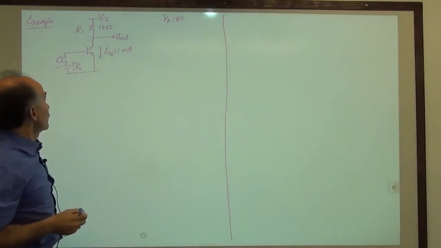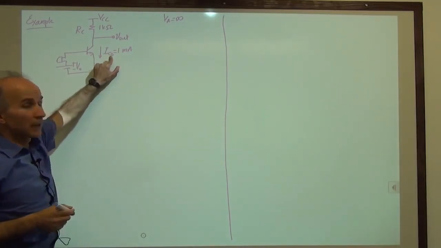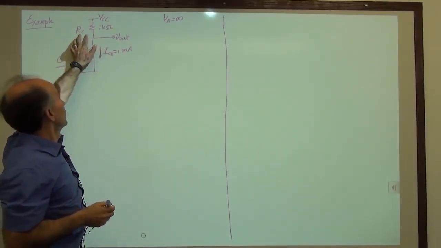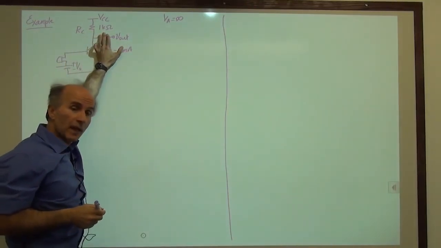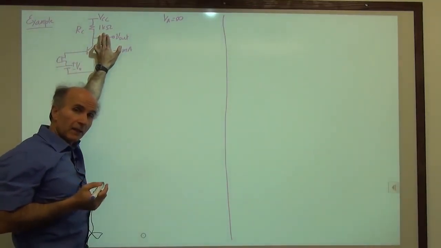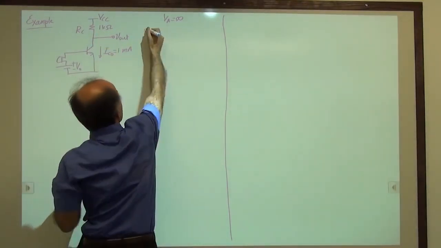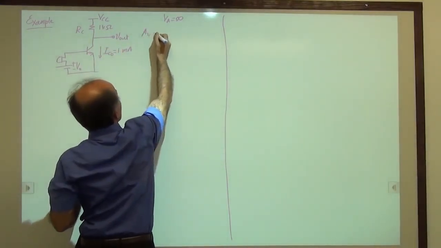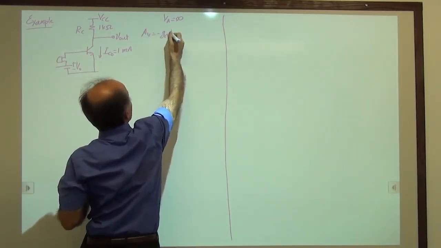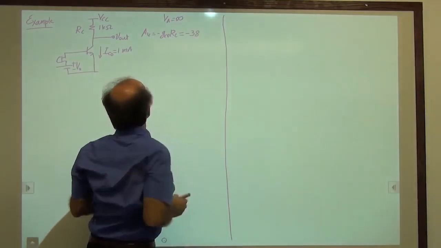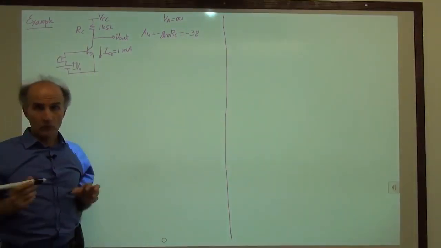All right. So remember that when the collector current is 1 milliamp and the load resistance is 1 kilo ohm, after we calculated the gain according to minus GMRC from last time, what we got was about minus 38. So that's fine.